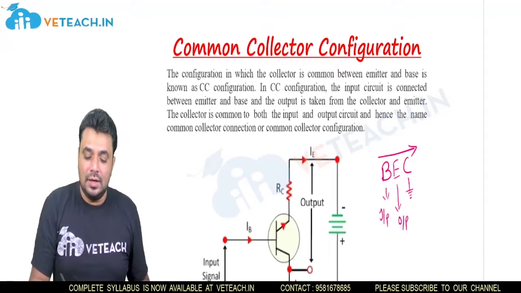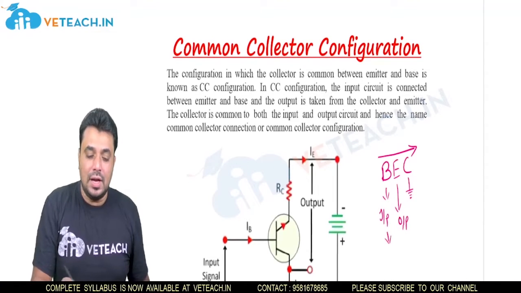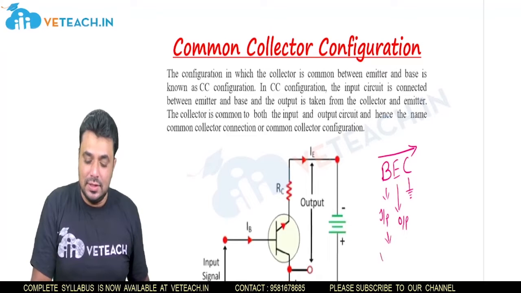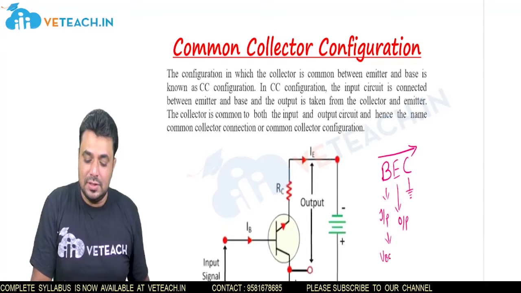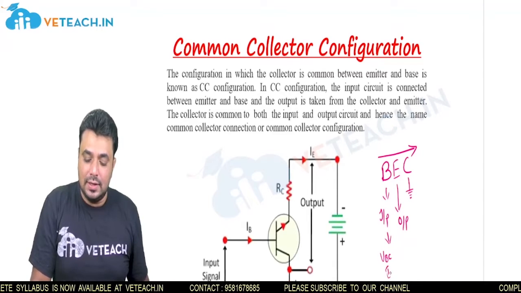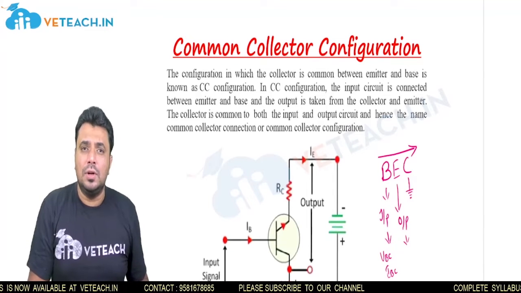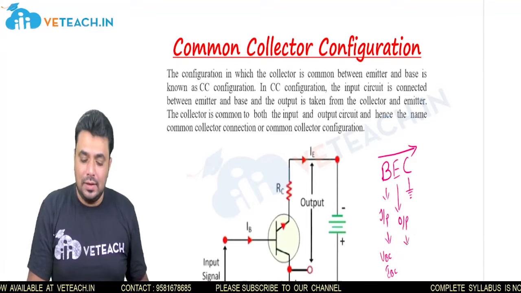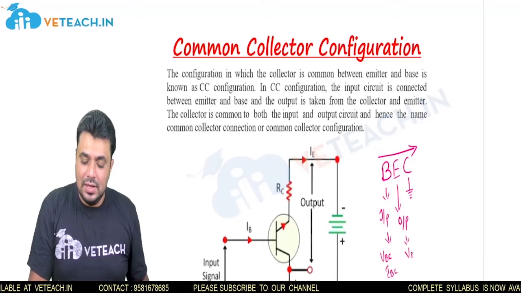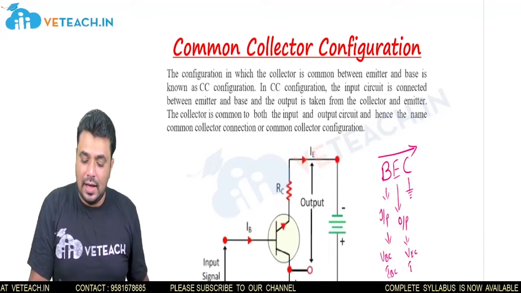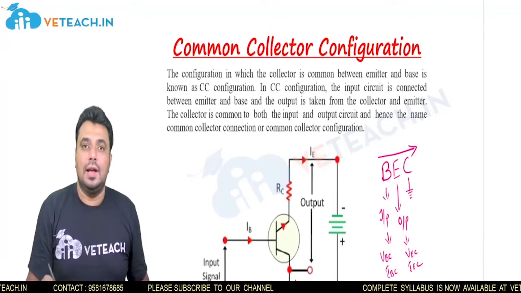So here you can see that the input voltage for the common collector configuration is VBC and the input current is IB. And the output voltage for the common collector configuration is VEC and IE is the current.